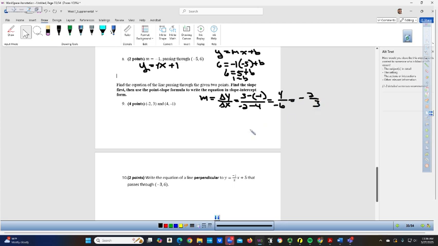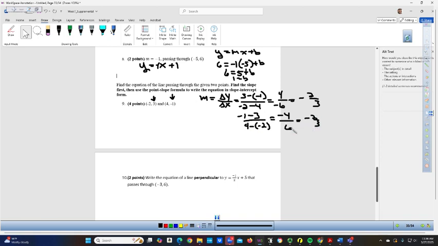Okay, if I would have gone x2 minus x1, y2 minus y1 over x2 minus x1, we're going to get a -4 over a +6, which is still -2/3, right?